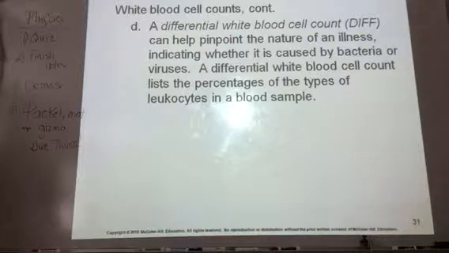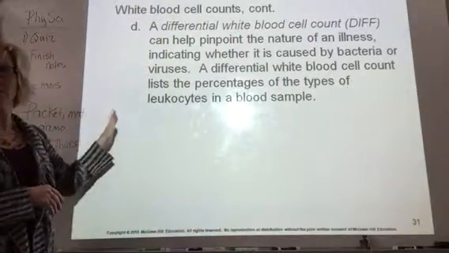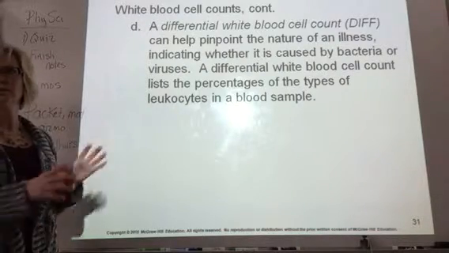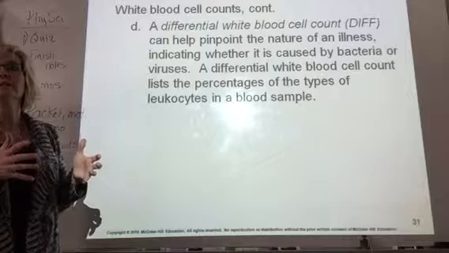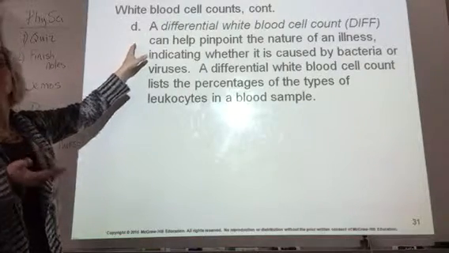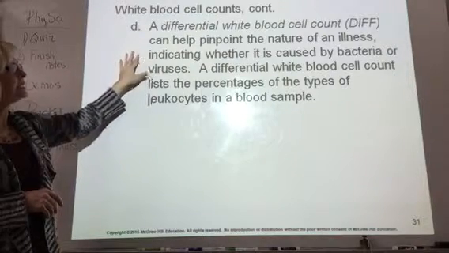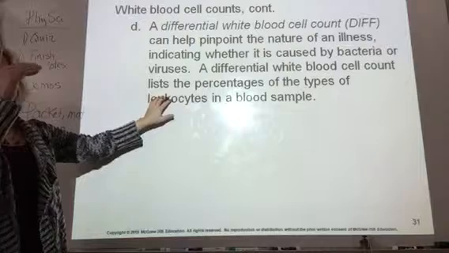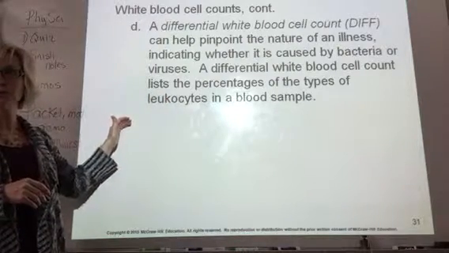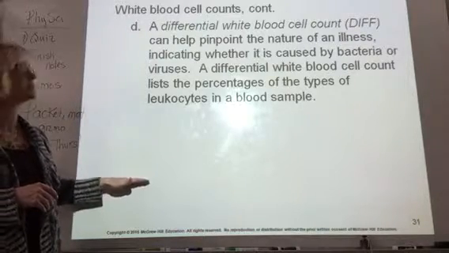A differential white blood cell count breaks it all apart. So I can go to the doctor and they'll say, oh, your white blood cell count is high, you probably have an infection. So they're looking at all white blood cells. A differential white blood cell count, called a diff, can help pinpoint because it's going to list the percentages of each one. So it's going to say, here's your percentage of neutrophils, here's your percentage of eosinophils, here's your lymphocytes.